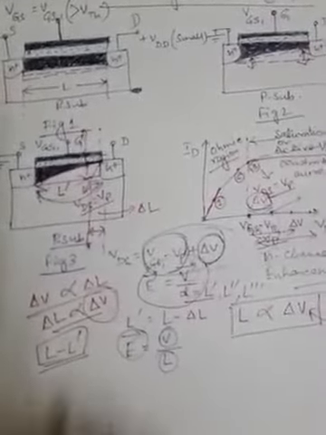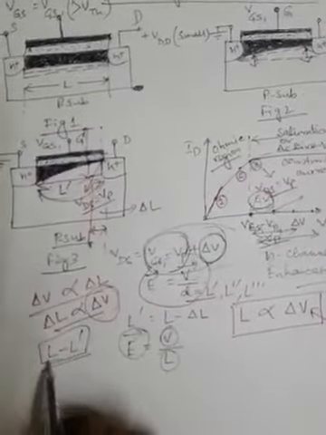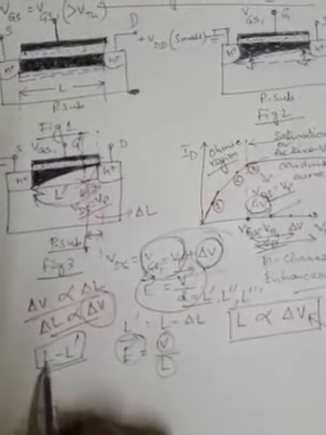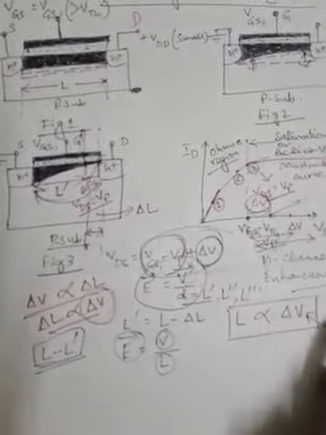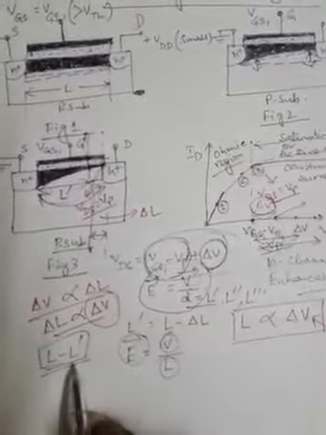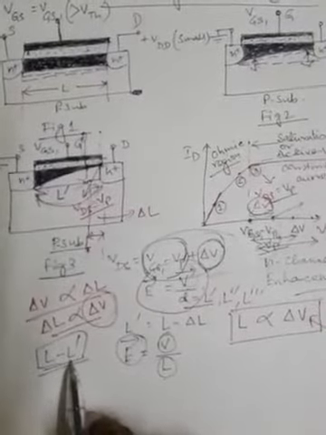That means L minus L prime is the length the electrons need to cover, because in the previous case, based on the applied voltage VDS, the pinching was occurring at length L. Now due to the application of plus delta V additional voltage, the pinching of the channel is occurring at L prime.